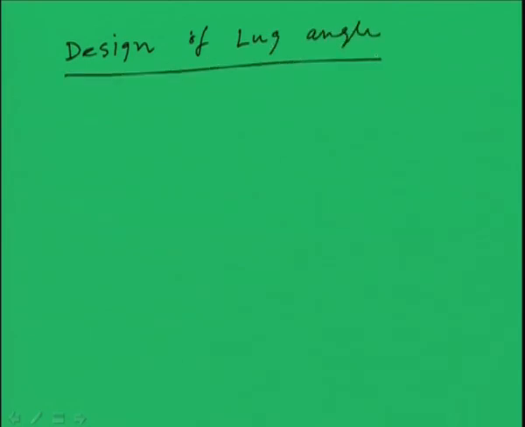So now let us provide the lag angle. If we have to provide the lag angle, we have to design the lag angle. So now as per the codal provision, how to design the lag angle we will see. Okay.